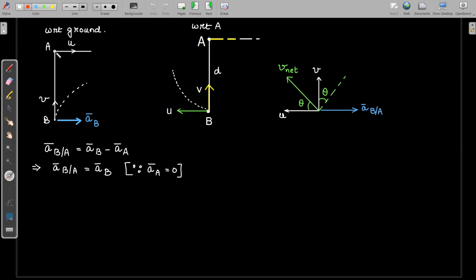Now, since particle A is moving with a constant velocity, the acceleration of particle A is 0. So if you look at the acceleration of B with respect to A or with respect to the ground, both give the same answer.